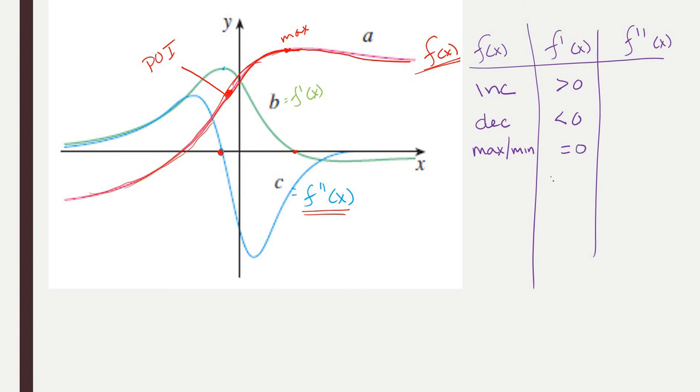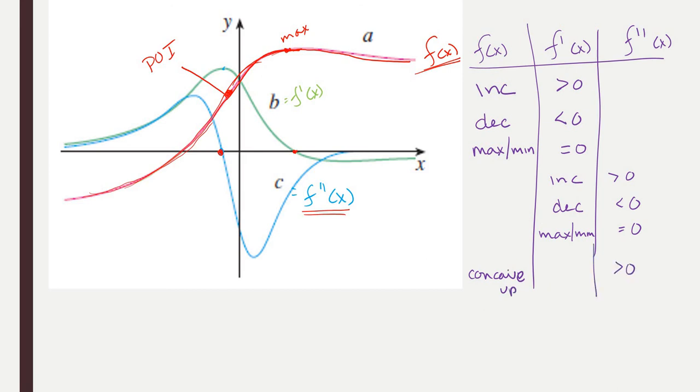Now, if f prime is increasing, f double prime is greater than 0. If f prime is decreasing, f double prime is less than 0. And if f prime has a maximum or minimum, then f double prime equals 0. We also have a situation if f prime of x is concave up, then f double prime is greater than 0.